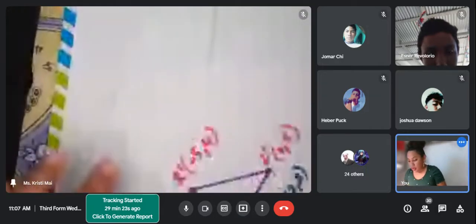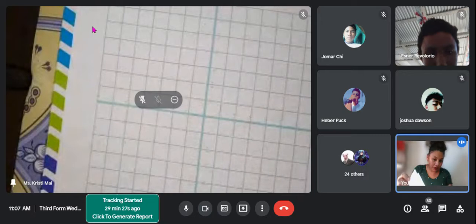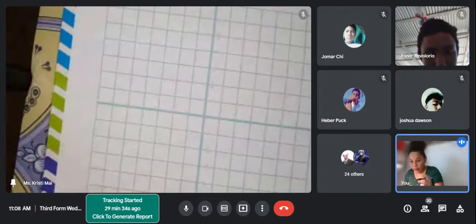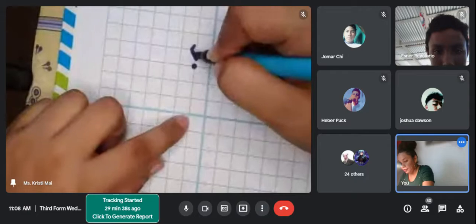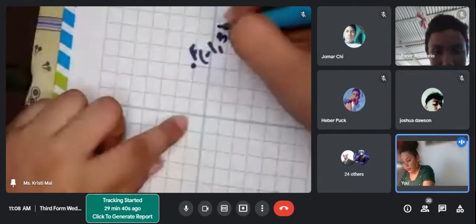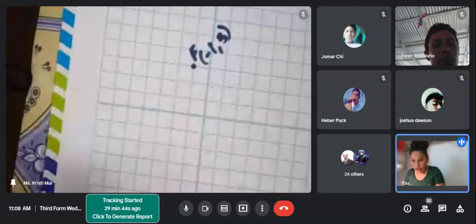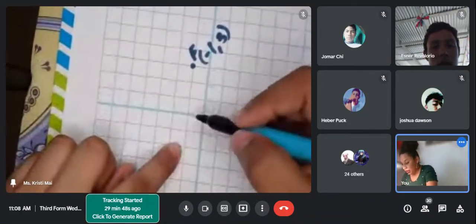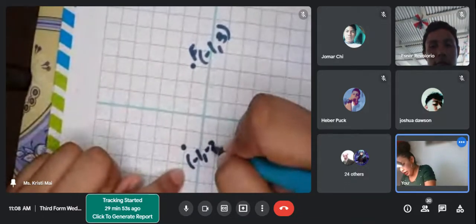Okay, guys. So number 3, I'm talking about number 3 right here. Number 3 has 4 points. So let me go ahead and write the points. It has F, negative 1, 3. It has H, which is 2, negative 1 on the X, and then negative 2. Negative 1, negative 2.